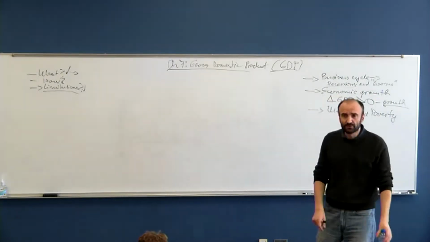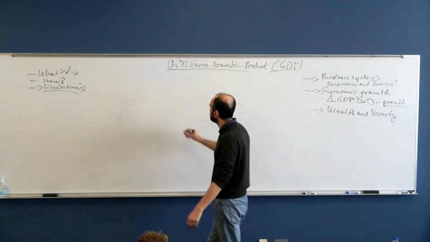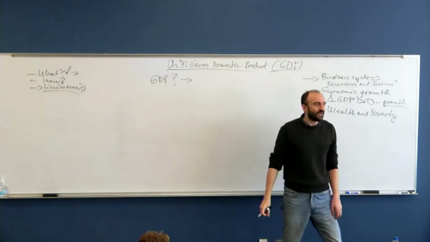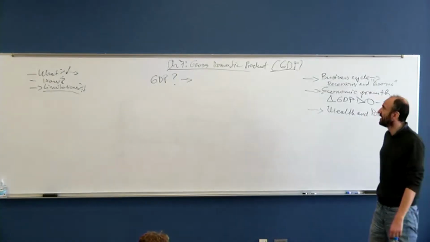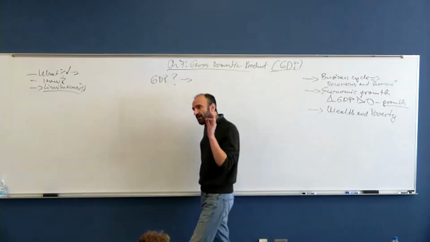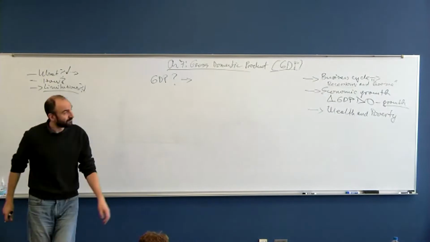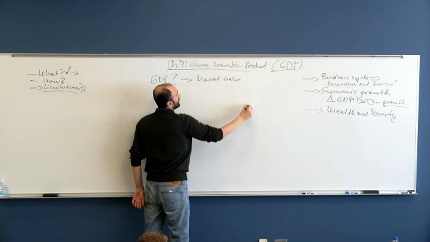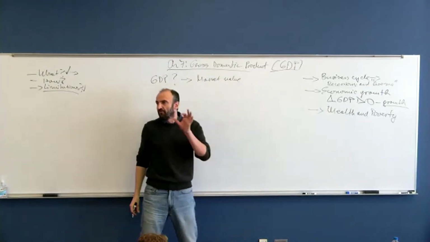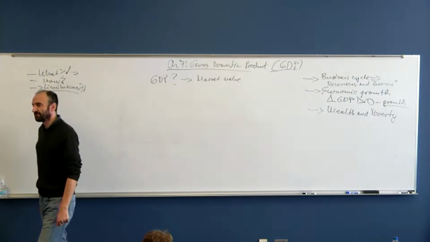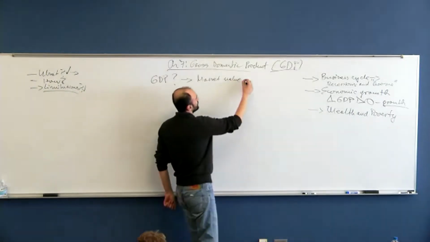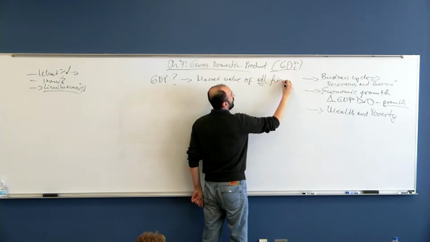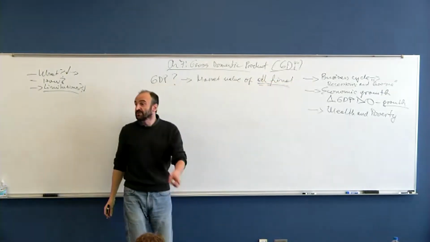Okay, let's now move to the basic definition. What is GDP? The simplest definition is that the GDP is the current market value of all final goods and services.